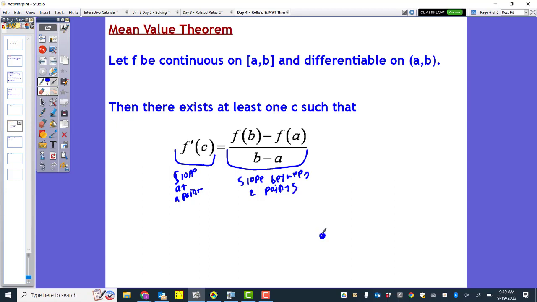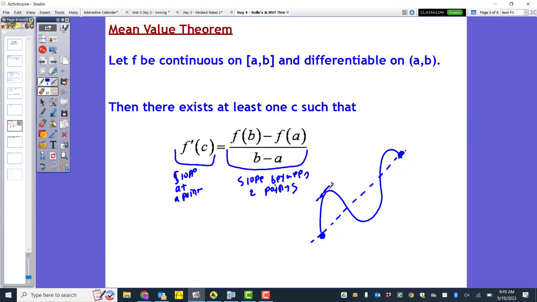But if you have 2 points on the graph and the function's continuous between them, so some weird line like this, then you know that somewhere on this line, because of the nature of the graph, the slope between these 2 points will be the same as the slope along the curve somewhere.